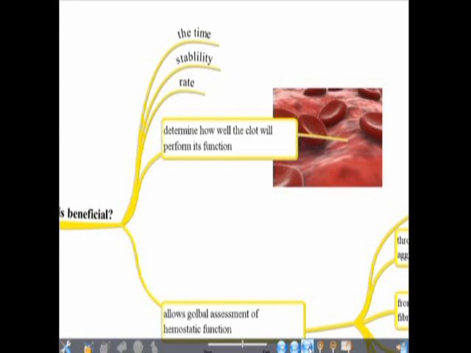And if it's a clotting problem, it'll give you an exact picture of what exactly is wrong with the blood, with the clotting.